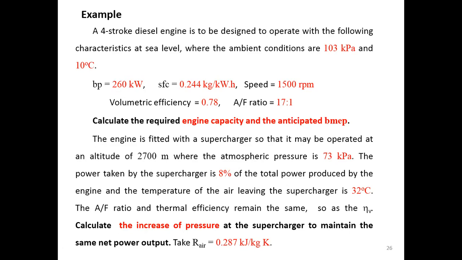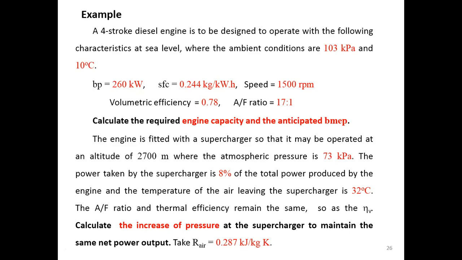So the total power output produced by the engine has to be higher than 260 kilowatt. With this higher total power output, it can deliver power to run the supercharger while still delivering the same 260 kilowatt for use.